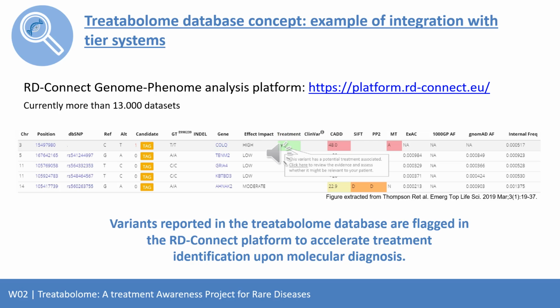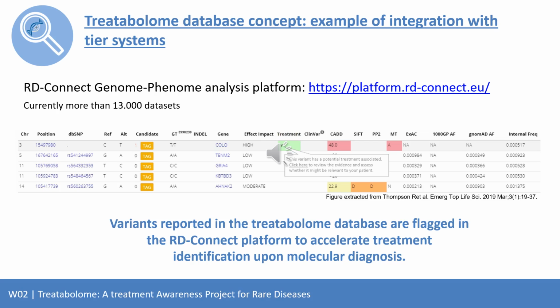Finally, as I mentioned at the beginning of the presentation, the Treatabolome database will have the means to provide programmatic access. Therefore, analysis tools such as the RD-Connect Genome-Phenome Analysis Platform, which currently has more than 13,000 rare disease datasets, will be able to flag the variants that have been associated to a specific treatment in the Treatabolome database.